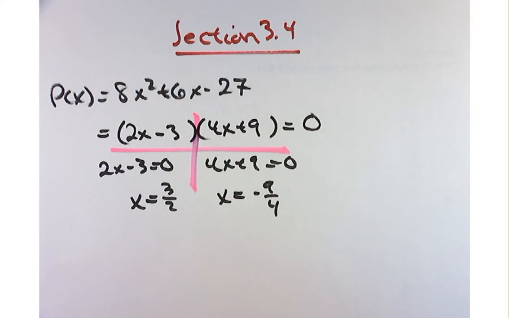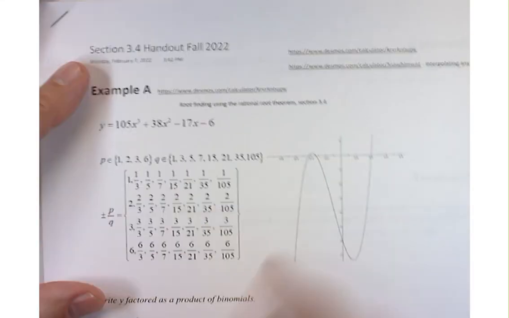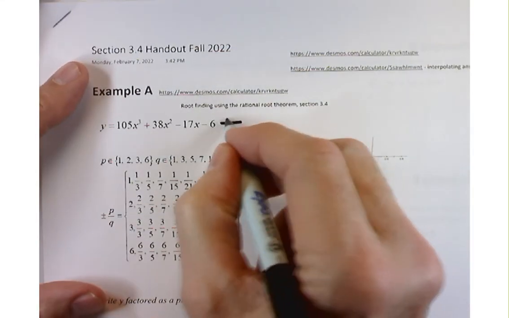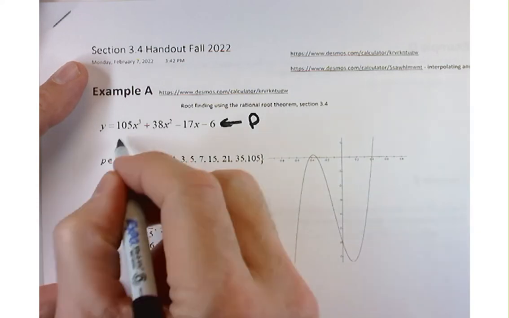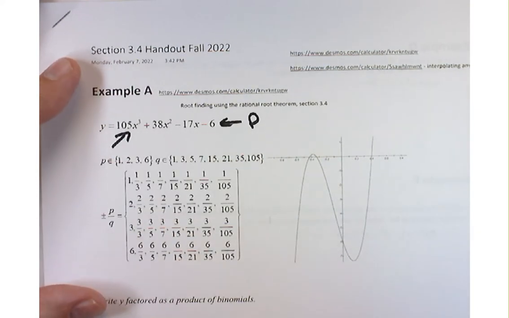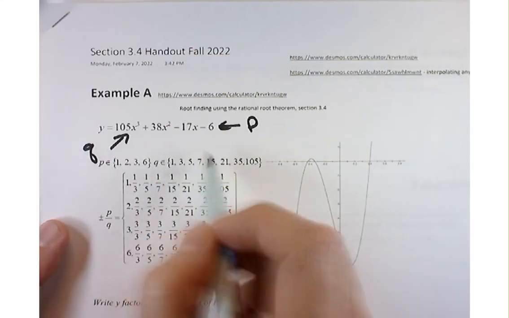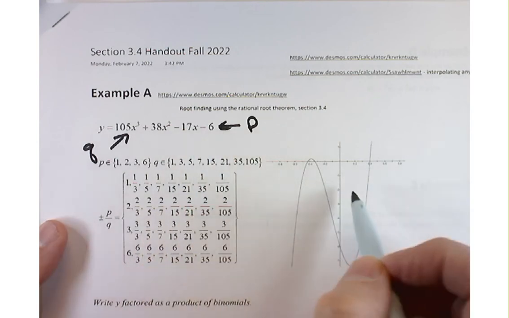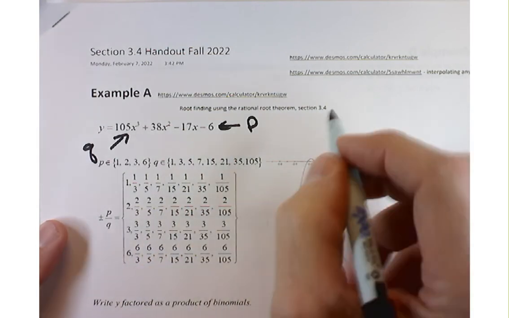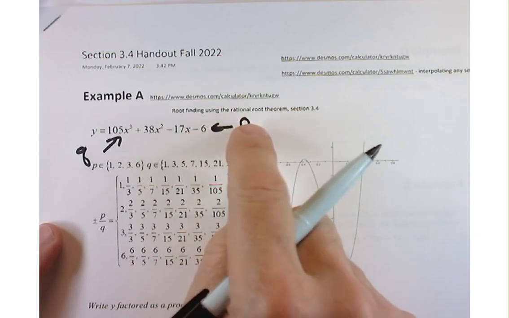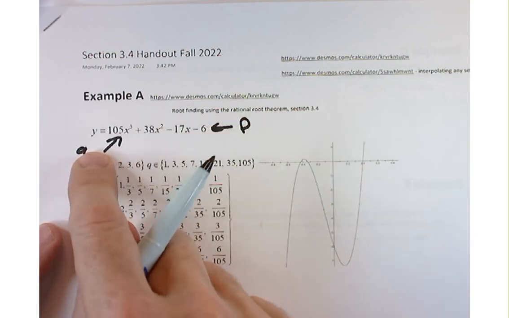in general, when you're looking at a polynomial, let's call the factors of this p, and let's call the factors of this q. In general, if the polynomial crosses the x-axis at a rational root, it has to be a form of a factor of p divided by a factor of q, or plus or minus that.